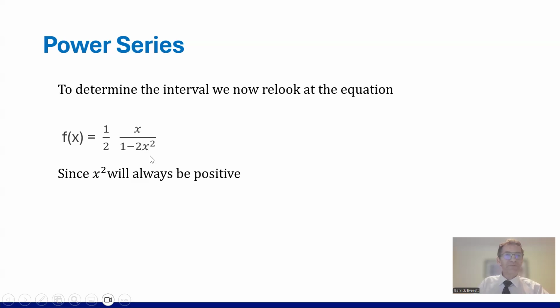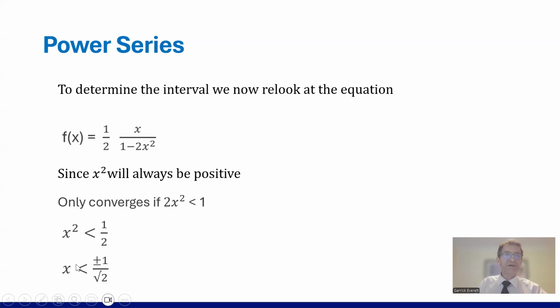This is always positive, so you can't get this to be a number which is greater than 1. So it will only converge if 2x squared is less than 1. And simplifying that, just using really simple algebra, divide by 2, x squared is less than half, so take the square root, x is less than plus or minus 1 over root 2.